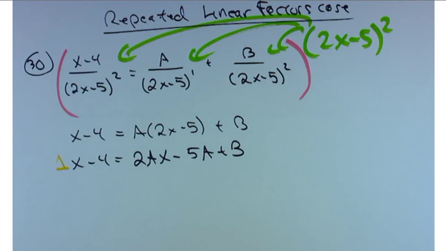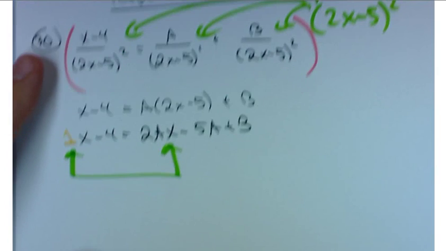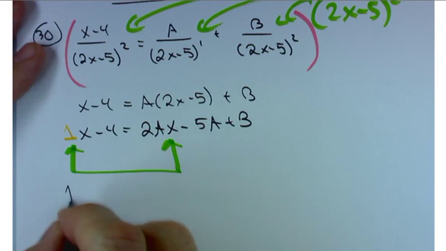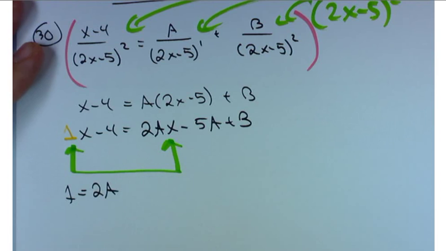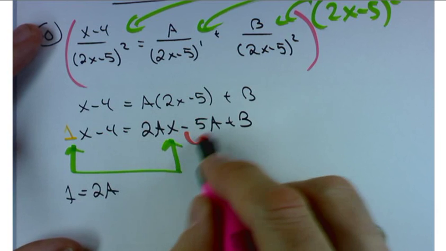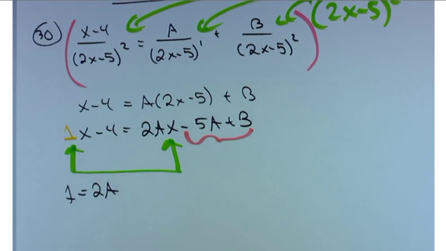How about the first equation? What do the coefficients of x say about what's going on here? What's the first equation that I can get? Yeah, 1 equals 2A. Now the next equation, you have to be a little bit more thoughtful. Negative 5A plus B, that's your constant term.